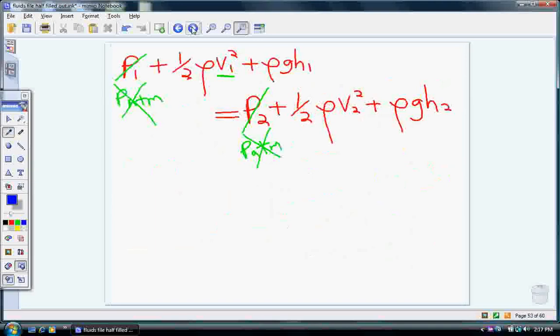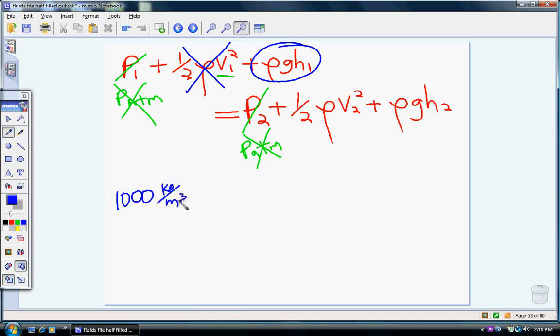So when we come over here, this term also drops out because the water at the top of the tank is moving down so slowly. But we do have a substantial term here, the rho g h. So basically we have the density of the water, 1,000 kilograms per meter cubed, times g, 10 meters per second squared, times h.